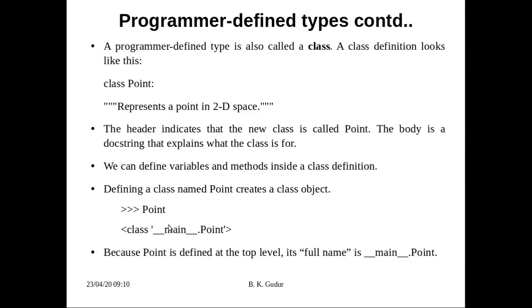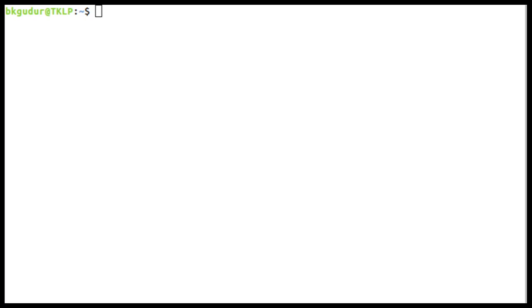Before we proceed further, let me show you a simple example to create a class. I am going to use the Python 3 interpreter. It can be called by executing the command python3 on a Linux terminal, right?